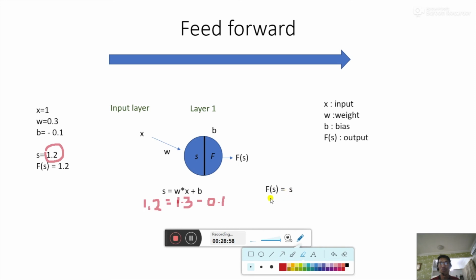To make it easy, I set the function fs equal to s itself. So s is 0.2, s is put into the function f, and fs is equal to s. So this is the way the neuron works, the best way to imitate how the neuron works, with the dendrites and all those things.